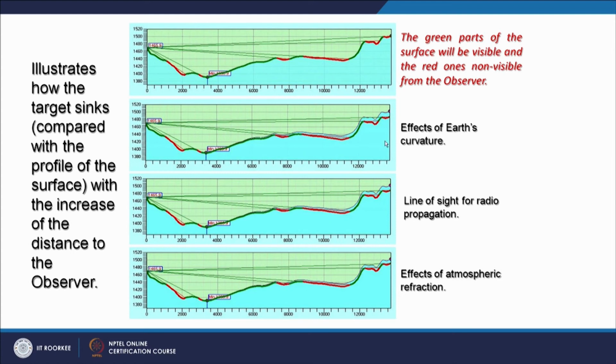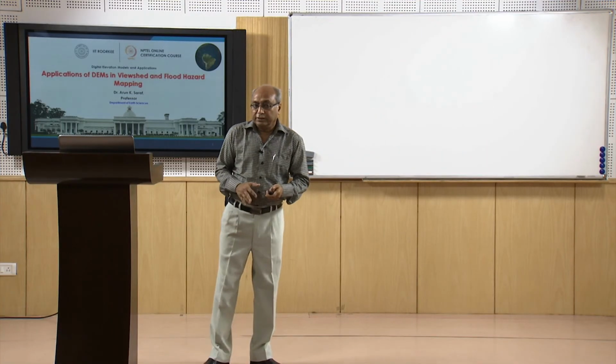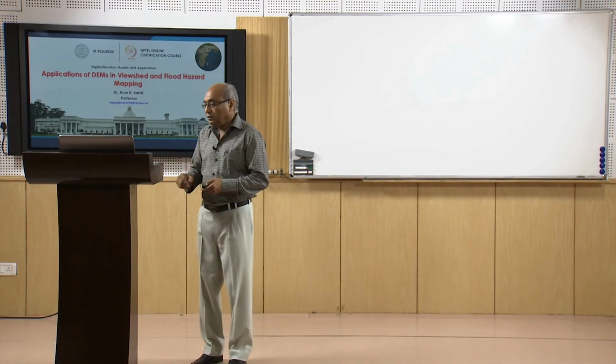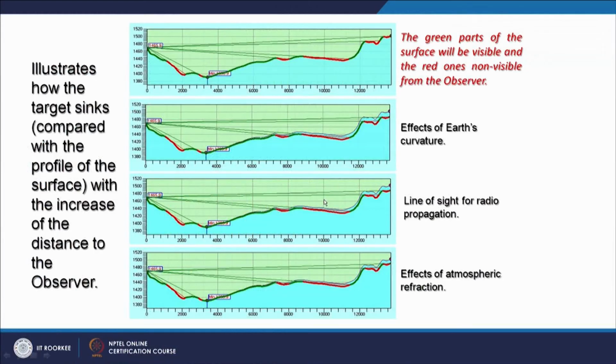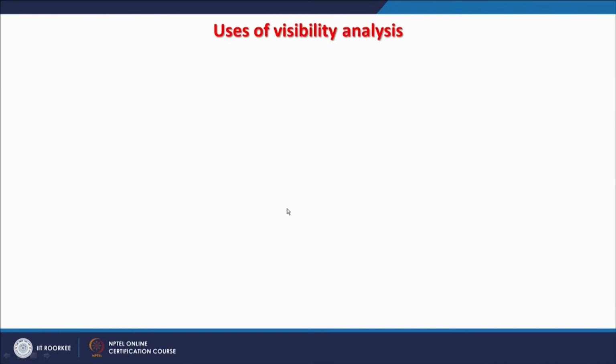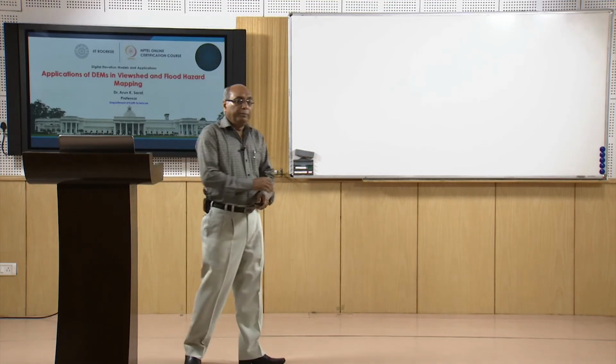So these factors, curvature and refraction and changing atmospheric conditions, may bring some changes as depicted here. Otherwise, we may get an analysis something like this. So actually that analysis should not have been like this for Viewshed, it should have been like this one. Now what are the applications of visibility analysis?